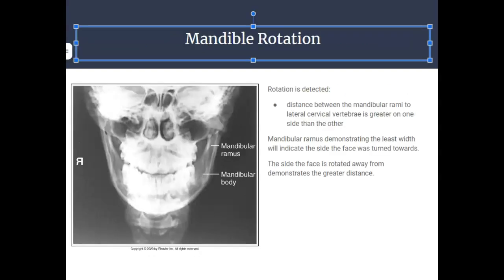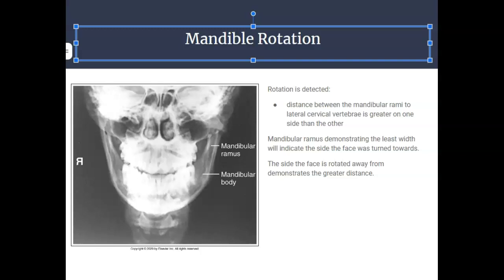So let's take a look at rotation in a PA projection of the mandible. To identify rotation, you're going to take a look at the relationship of the mandibular rami to the lateral cervical vertebra. If the distance from the mandibular rami to the lateral cervical vertebra is greater on one side than the other, then you have some rotation.